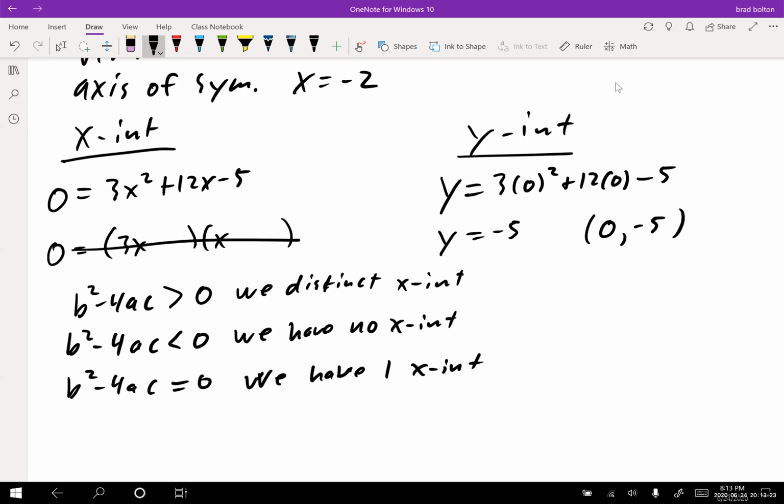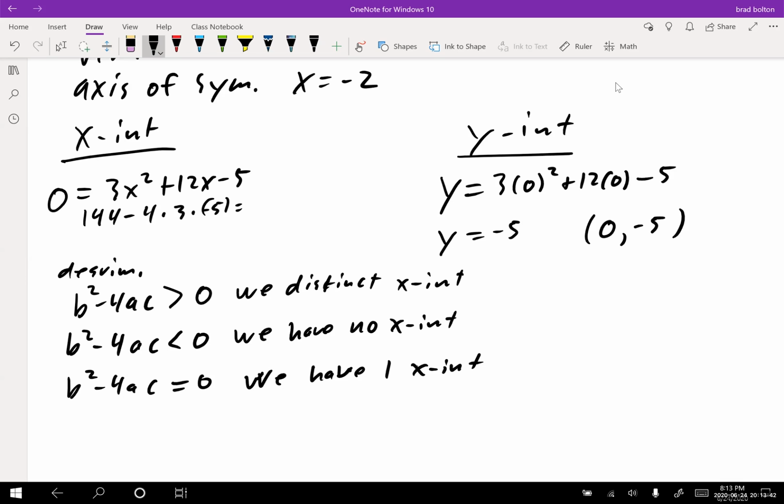Okay, so let's see what this one is, because I already know this one isn't factorable. So let me see what b squared minus 4ac is. This is called the discriminant. So b squared, it'd be 144 minus 4 times 3 times -5.